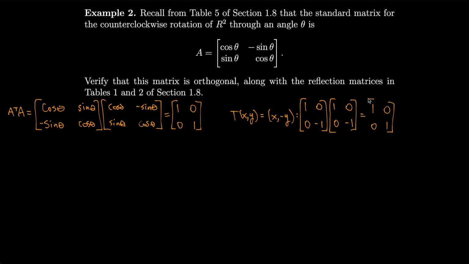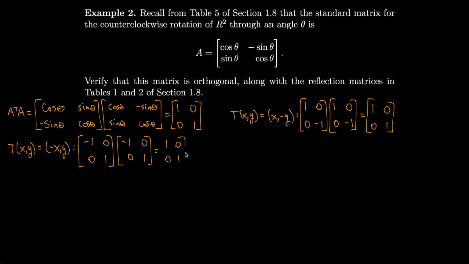So that matrix is orthogonal. How about the one that takes x, y and sends it to minus x, y? Pretty similar to the last one. That would be minus 1, 0, 0, 1. When we transpose it, it also stays the same. Multiplying together, again, we get the identity.